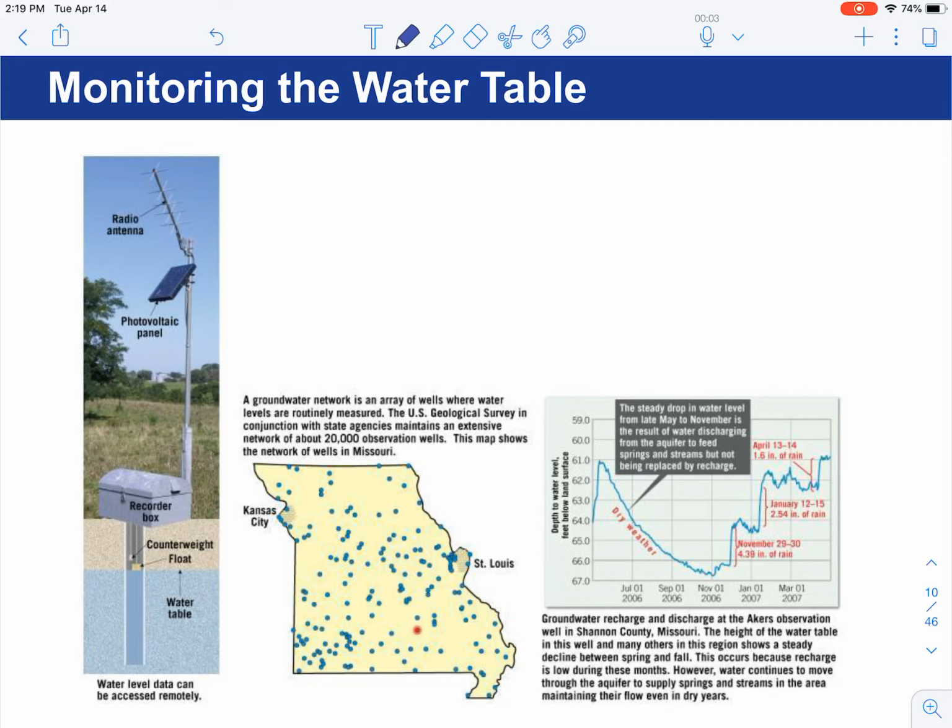So geologists, actually hydrologists, it's a field, and I'm going to tell you right now, this is going to be a money-making field in the future, because as population increases and freshwater resources decrease, hydrology is going to be like the oil industry was in the 1970s.